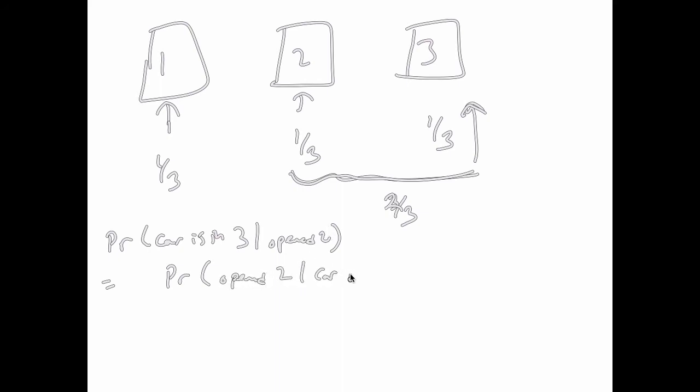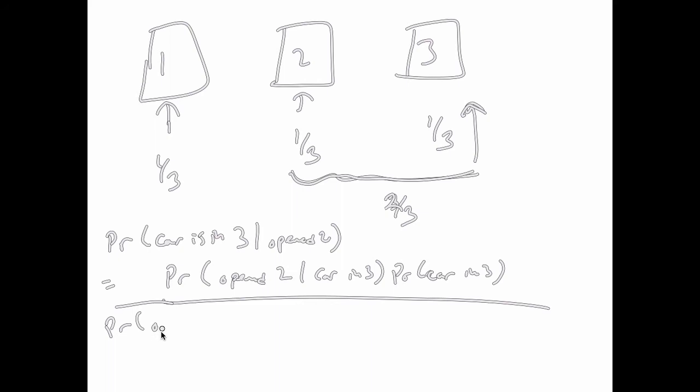given car in 3, times the probability of the car in 3, divided by, now here's the tricky part, the probability of opened 2, given that the car is in 3, times the probability car in 3.